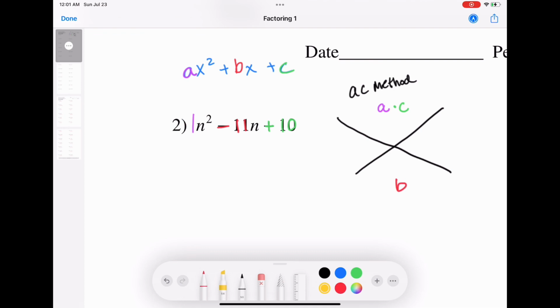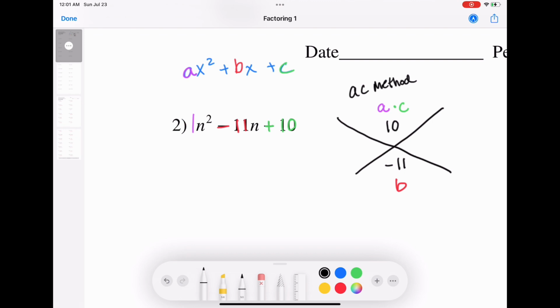So A times C, let's start with A times C. 1 times positive 10. Okay, pretty straightforward. That's just regular positive 10. And then the B, in this case, is a negative 11. So you just write negative 11 there. Okay, so this is the start of the AC method. So far, so good. We multiplied A times C, and we copied over our B.